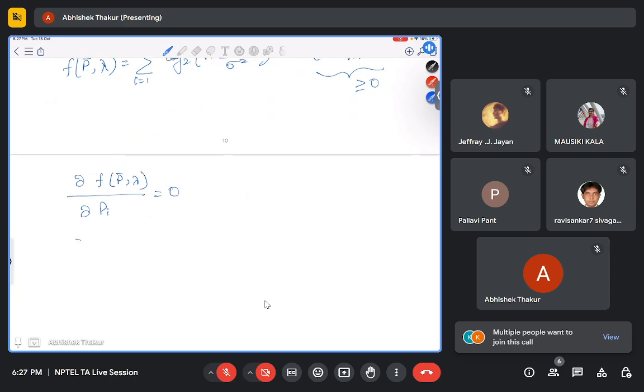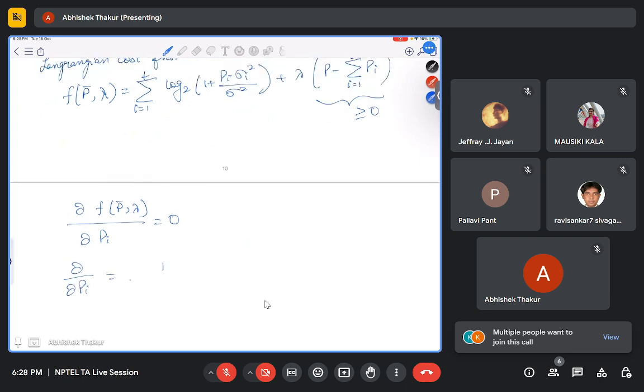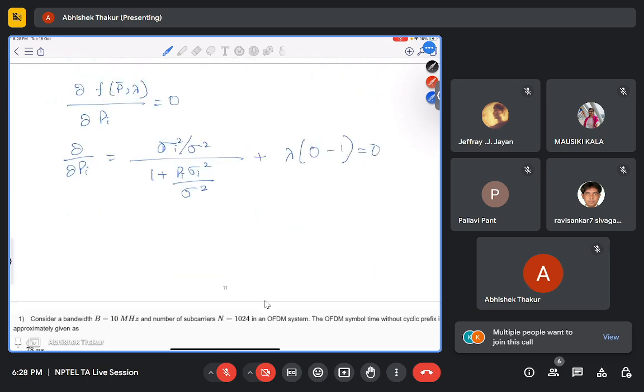So now when we take the derivative with respect to Pi, we get the value of lambda.